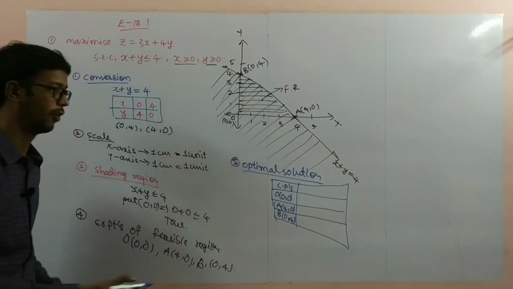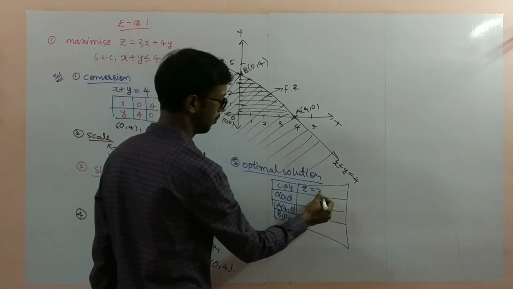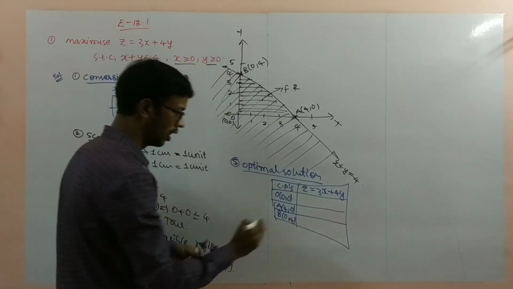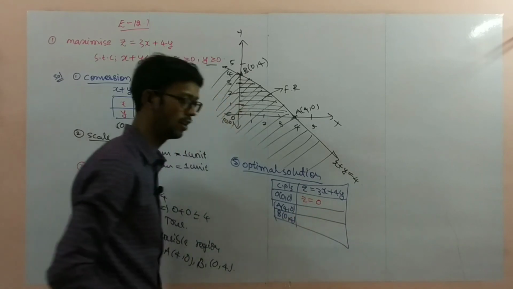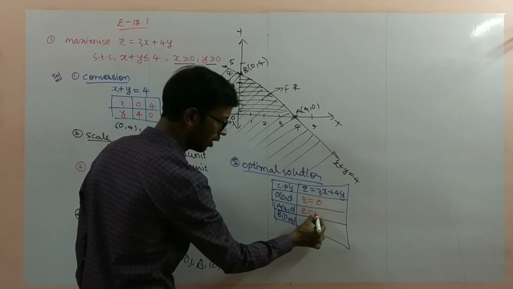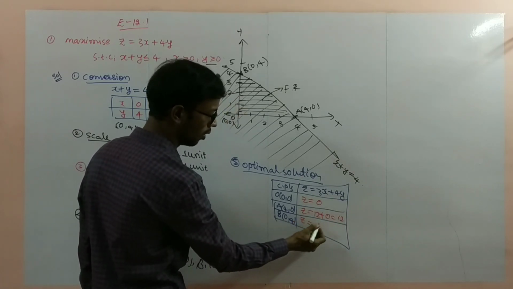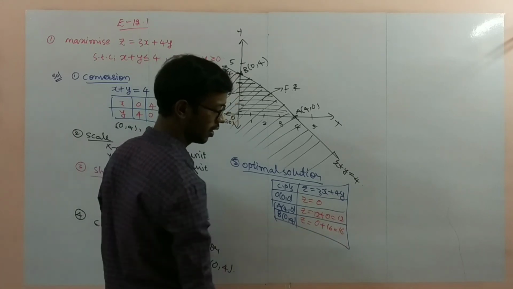So now substitute. What is the z here? Z is equal to the given 3x plus 4y. If you substitute (0, 0), the z value is 0 only. Next, the z value is 4 threes are 12 plus 0 is 12. Z equal to 0 plus 4 fours are 16, equal to 16.